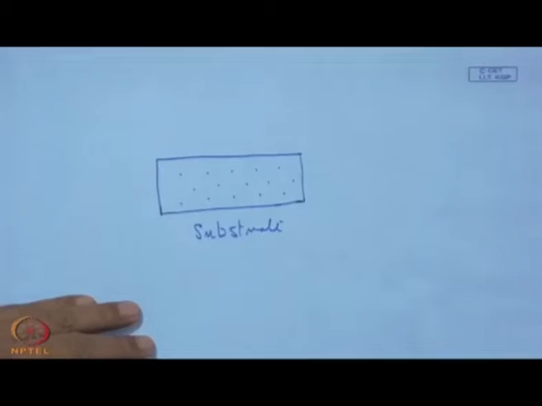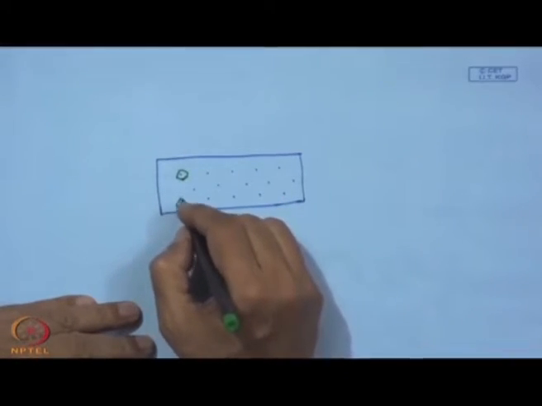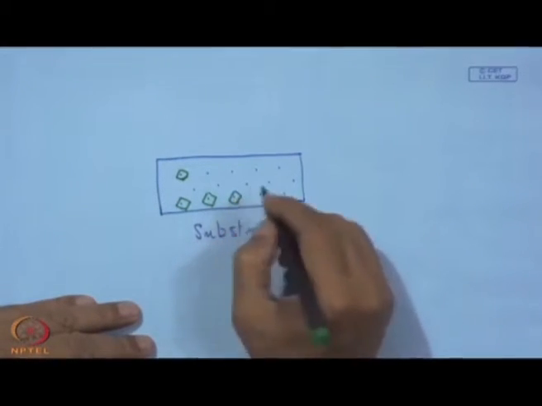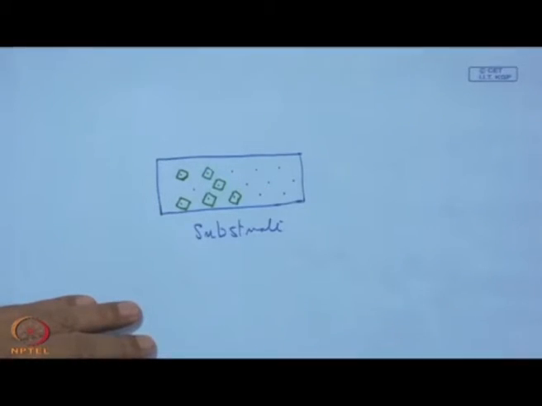So, these can be some of the sites where we can have this diamond. These are the sites. This way one can also look for some technology.